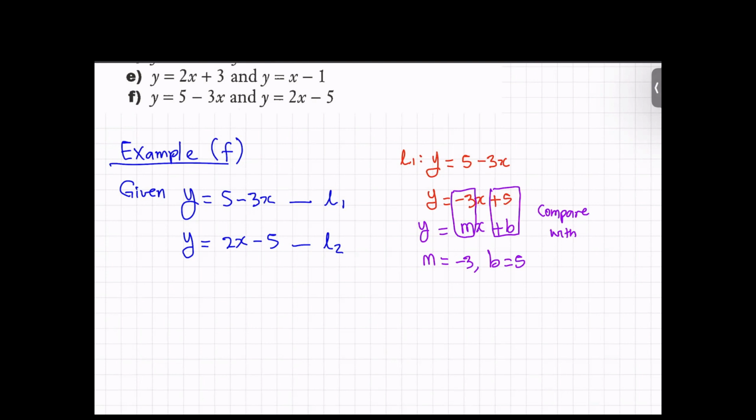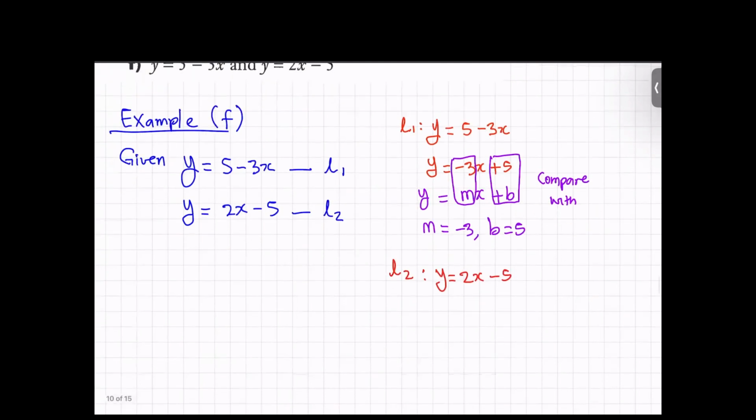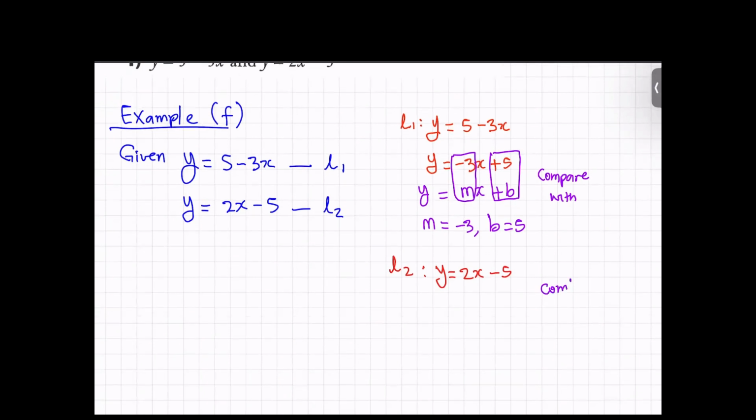And then line 2, y equals 2x minus 5. Once again you compare with y equals mx plus b.